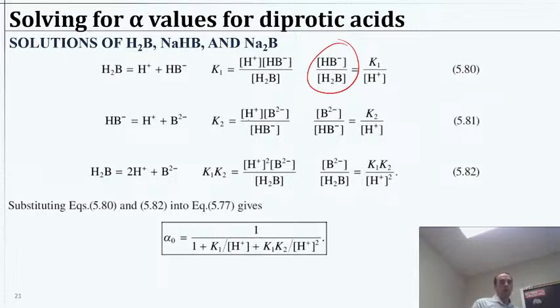Okay, likewise, when we consider the HB minus in equilibrium with H plus and B2 minus, we can get the K equation, and this time we get a relationship of the B2 minus divided by HB minus is K2 divided by H plus. So just the definitions of these equilibrium constants here. So these will be used for substitutions.